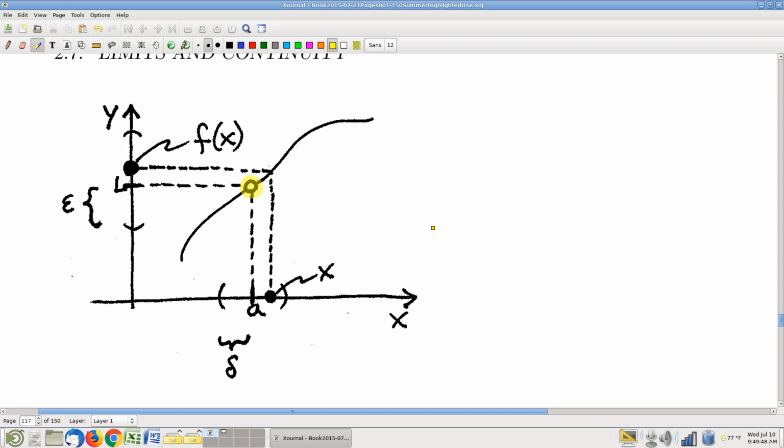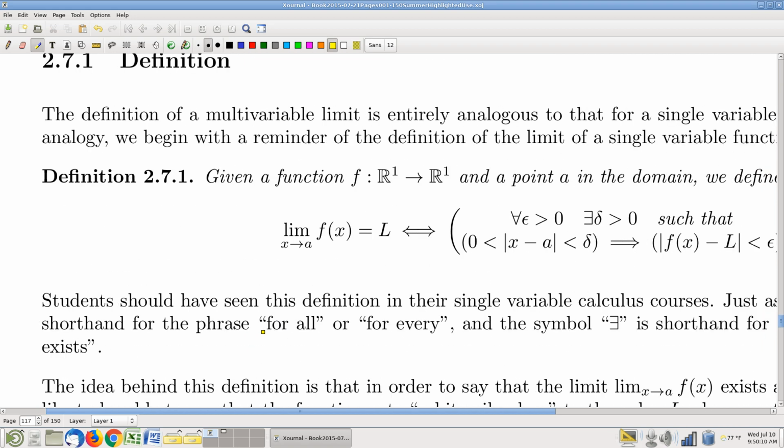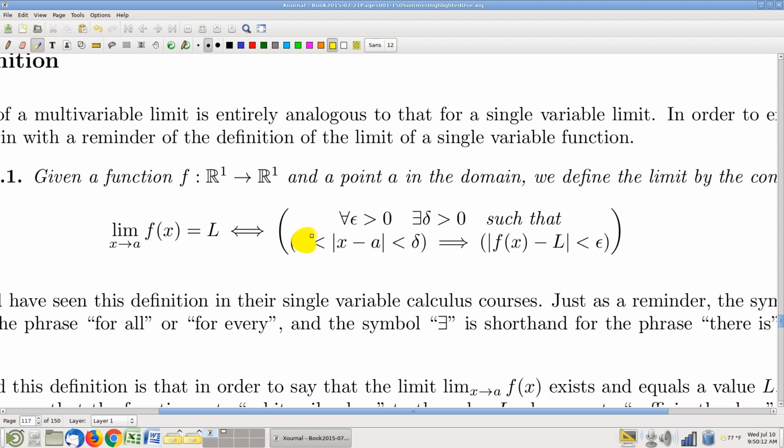So, very importantly now, from what I talked through moments ago, I'm going to have to adjust our definition just a little bit. I need to absolve us of any responsibility of what's happening when x is equal to a. I need my definition to stand back and say, look, when x is equal to a, don't worry about it, no problem. We don't care about that for this definition. And where that comes up is right here.